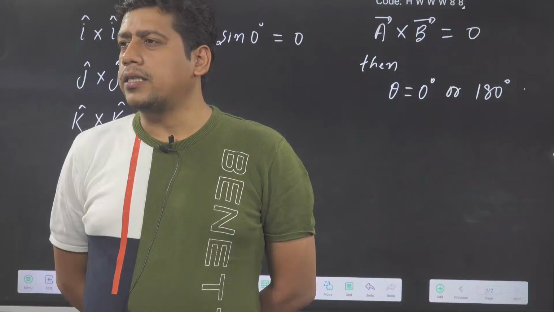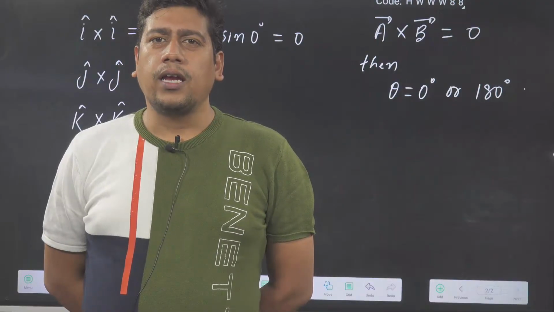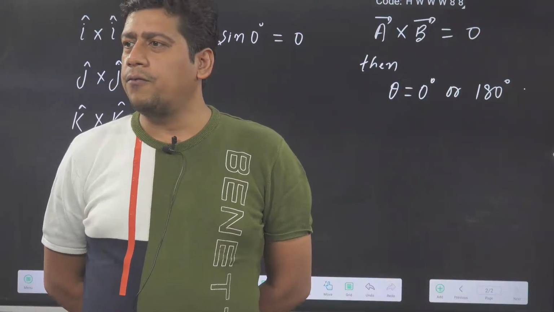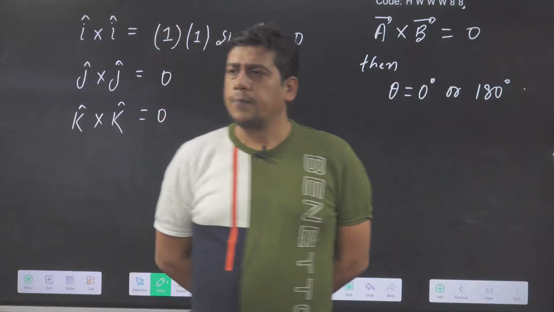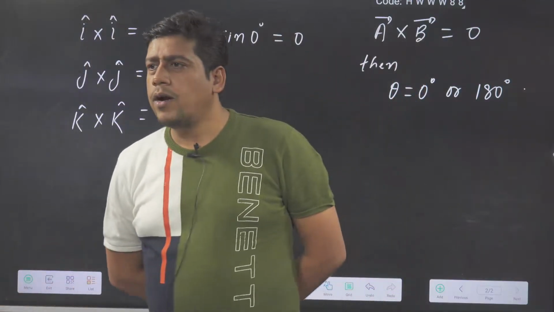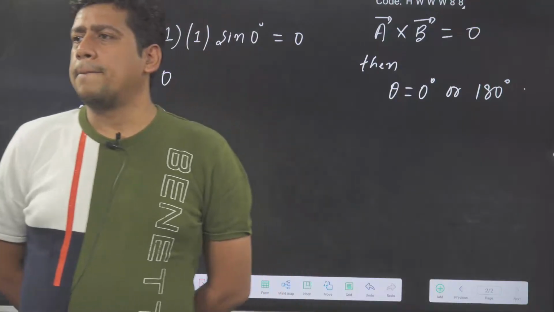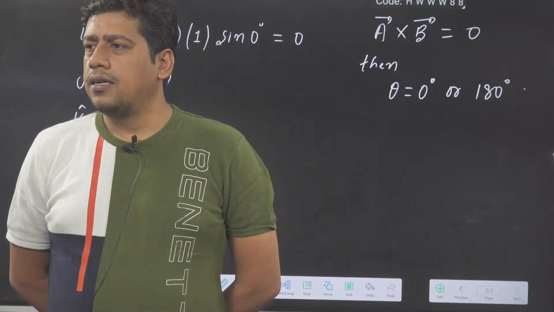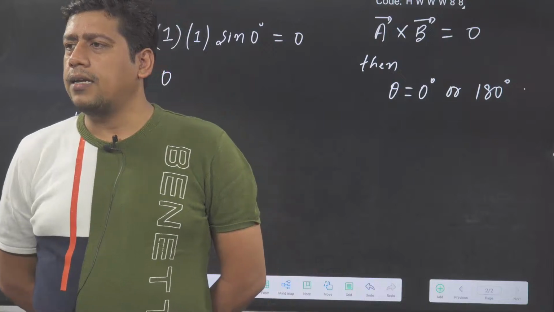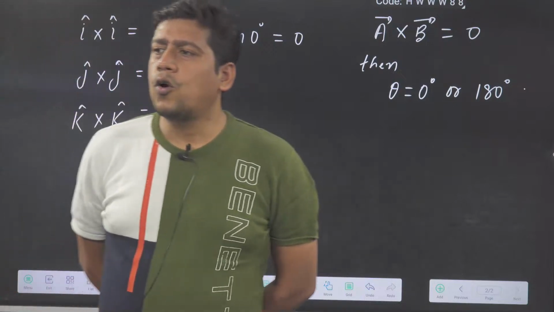If two vectors making angle 0 degree or 180 degree, we call them, very good. Ramya, very good. We call them what kind of vectors? Come on, everyone. Those who are active, please tell me. Correct. It is known as collinear vectors.